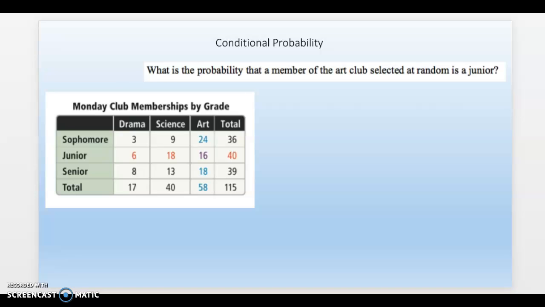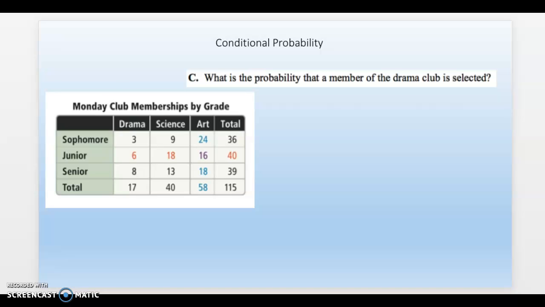So given that it's a member of the art club, that's 58 members of the art club, that's this column right here. How many of them are juniors? 16. So it's 28%. Think of this right here as kind of a fraction. The junior goes on top, the art goes on the bottom. Okay, the art is the bigger number.